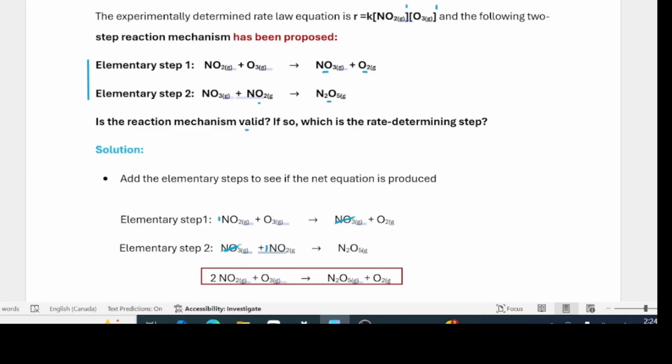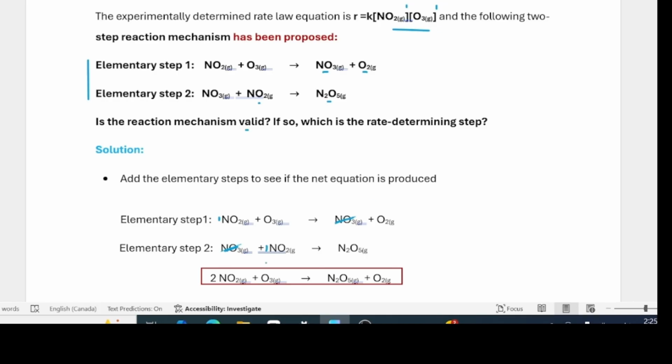But now we have to see whether or not the rate determining step has a rate law equation which is the same as that obtained experimentally from the reaction between nitrogen dioxide and ozone. We have to look at an elementary step that has either one or both of these, nitrogen dioxide and ozone.